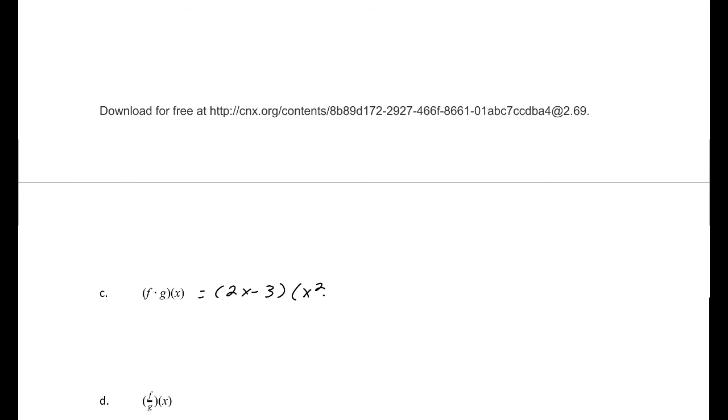Okay, multiplying this, we will get a 2x cubed minus 2x minus 3x squared plus 3, which I'm going to rearrange slightly. 2x cubed minus 3x squared minus 2x plus 3.